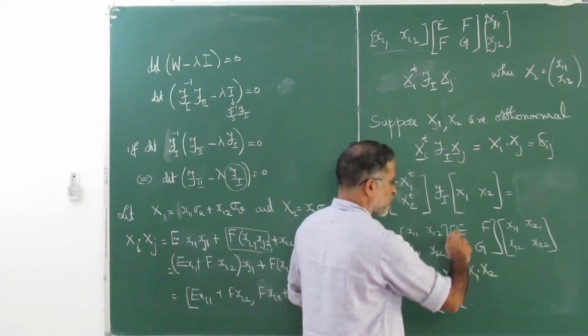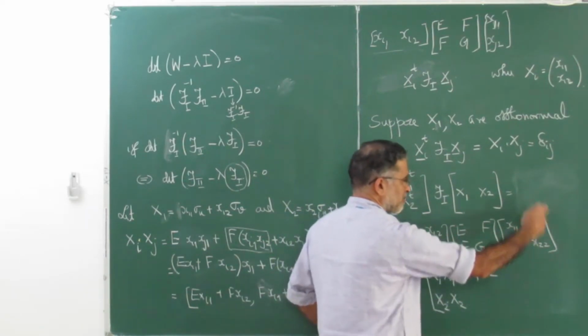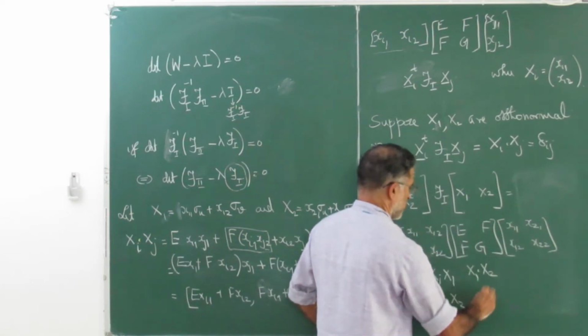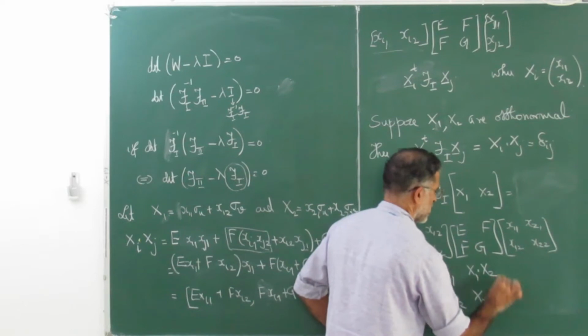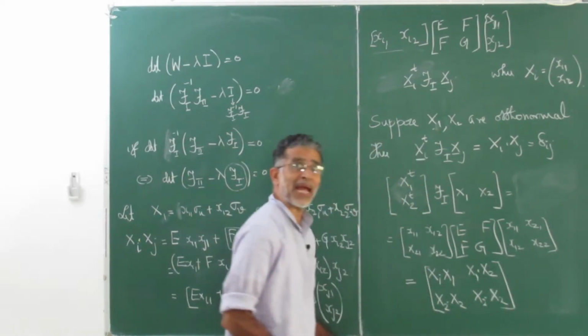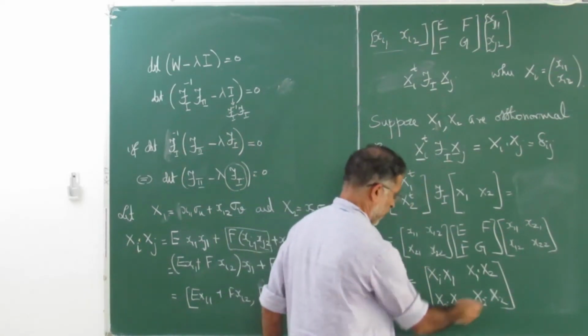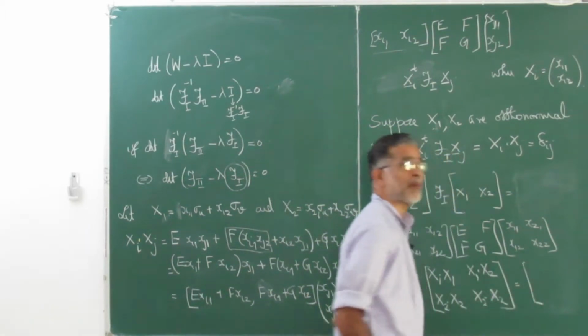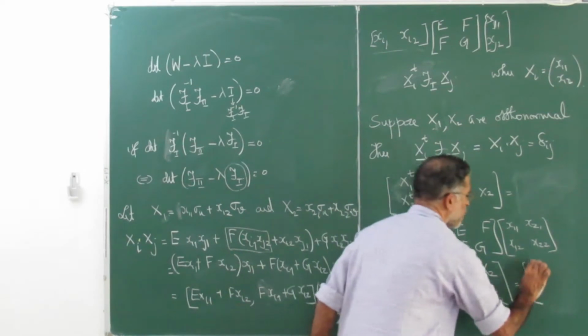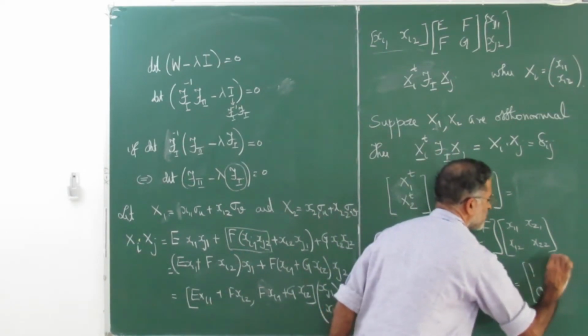Now x2 transpose F1 x2. So this is what you get, dot product, yes. And what is that? Because this is orthonormal, this is going to be 1, 0, 0, 1.